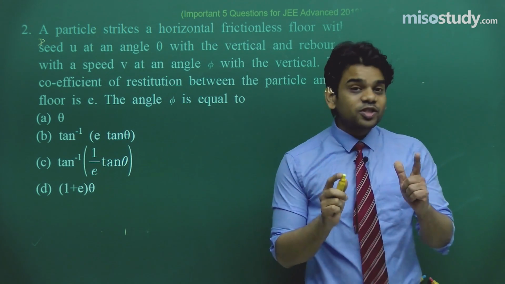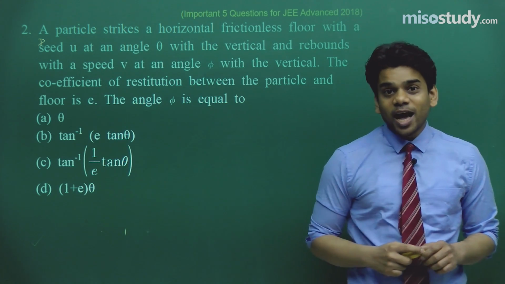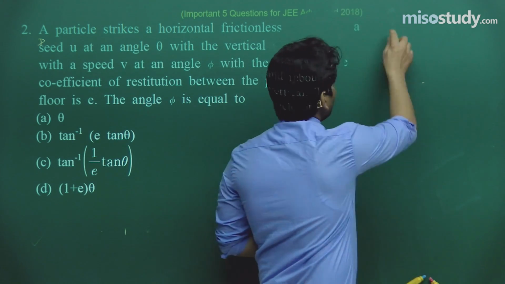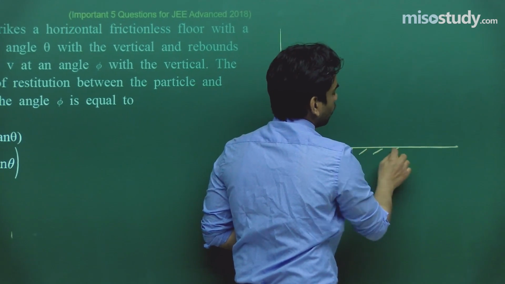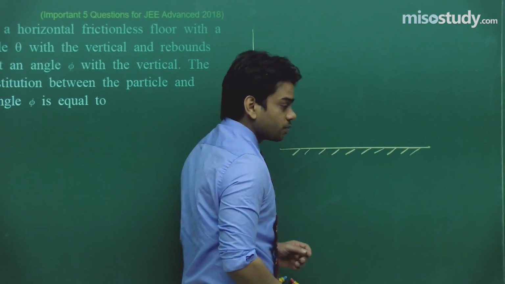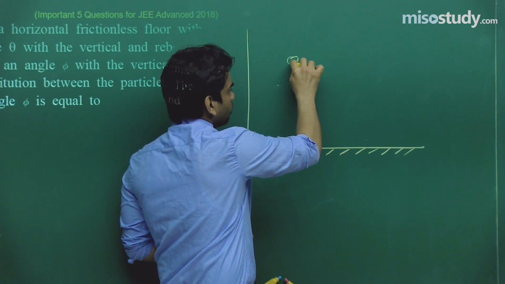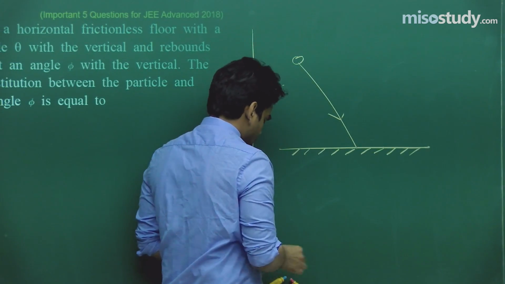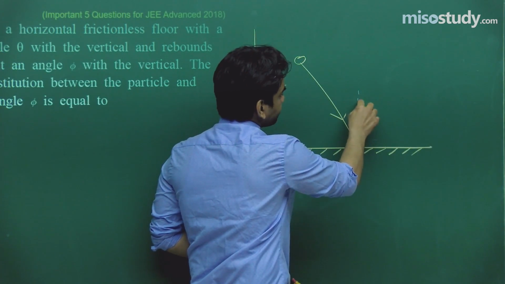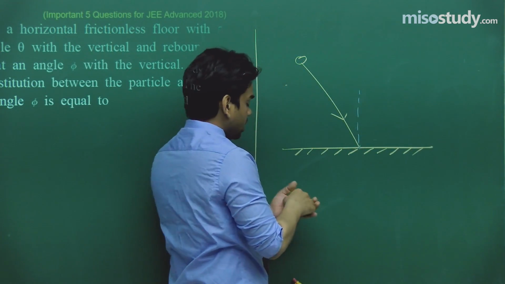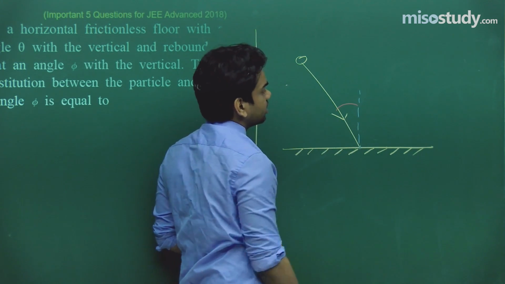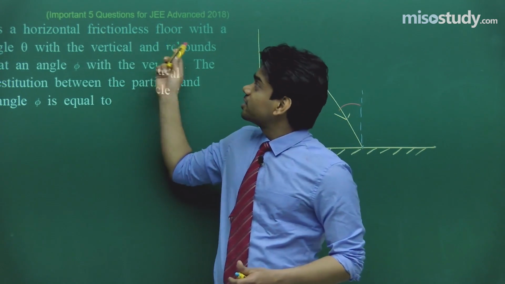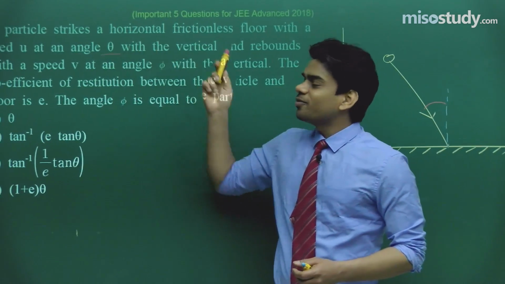First of all, let me tell you the scenario. Let me show you what is actually happening in this case. Look here. This is the horizontal floor that we can observe. The particle strikes. Let us draw the normal. It strikes at some angle that has been provided to us. You see here, it strikes the floor at an angle theta with the vertical.